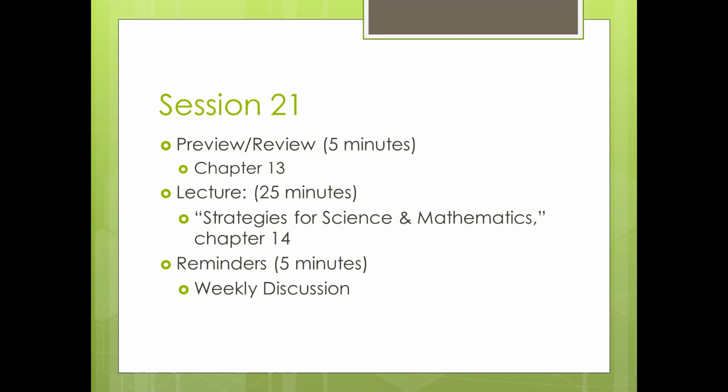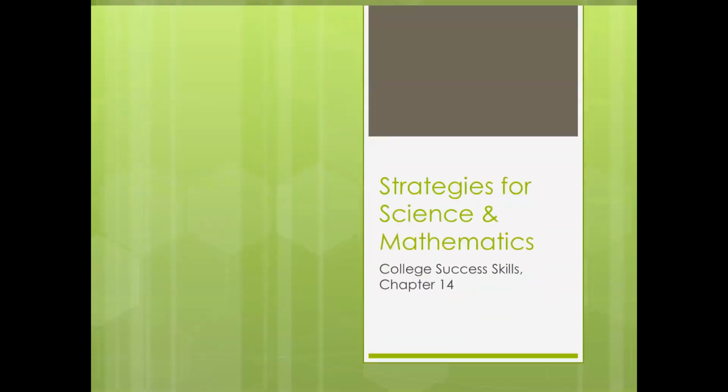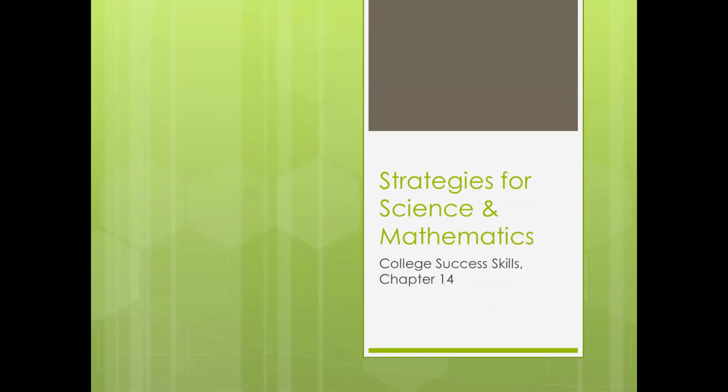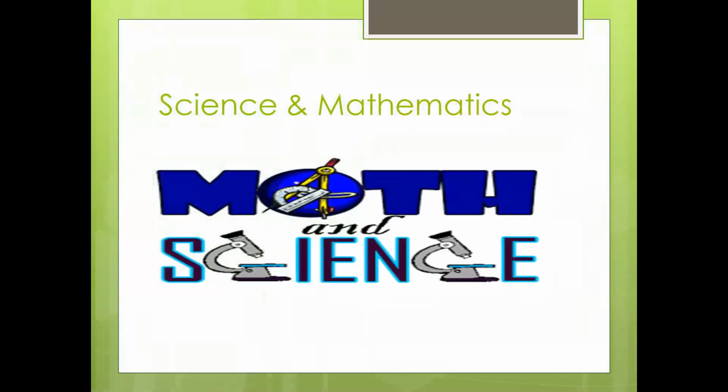Okay, let's move on to strategies for science and mathematics. Once again, this comes to us from our text, chapter 14, which kind of concludes our triumvirate of social science strategies, humanities strategies, and now we have strategies combined for mathematics and science. So mathematics and science courses are usually divided up into two components.